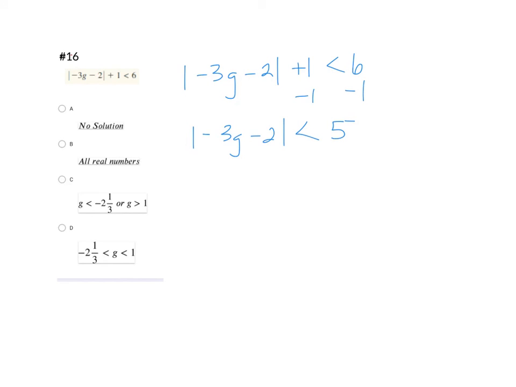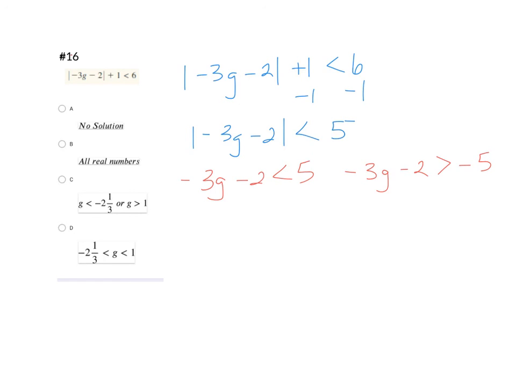And now you want to check this. The absolute value is going to be a positive. Can a positive be less than 5? Sure, it could be 4, 3, 2, or 1. So we're going to continue on. We're going to split this. Negative 3g minus 2 less than 5, and negative 3g minus 2 greater than negative 5.